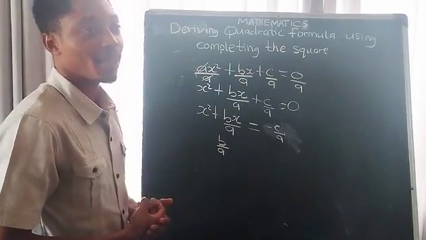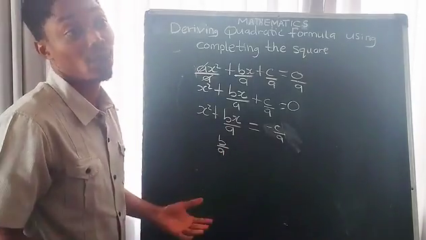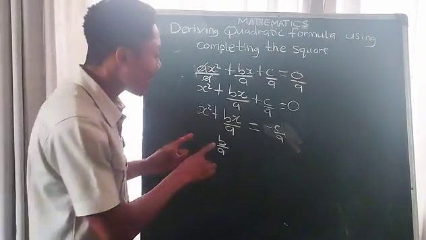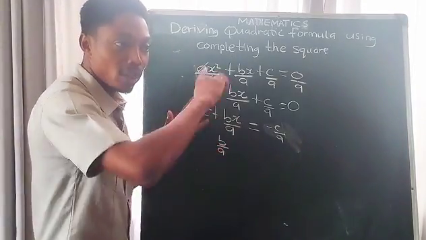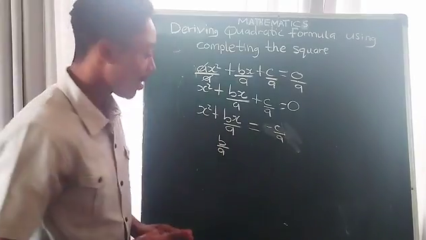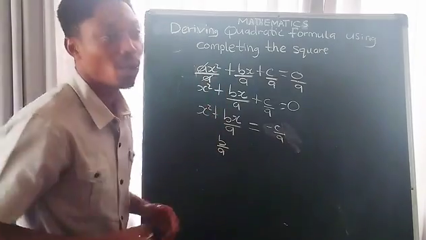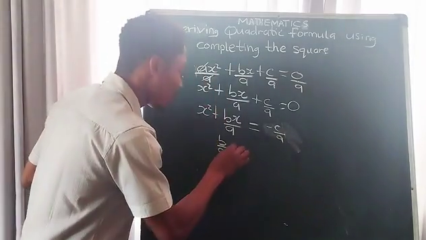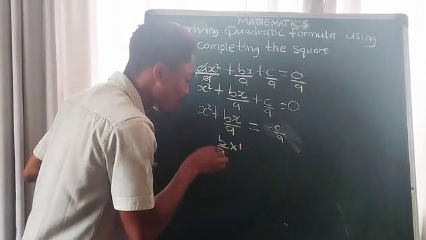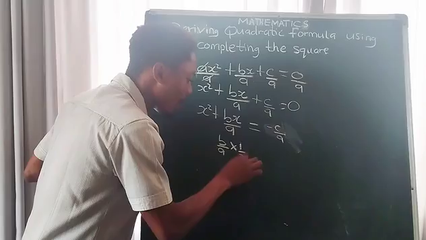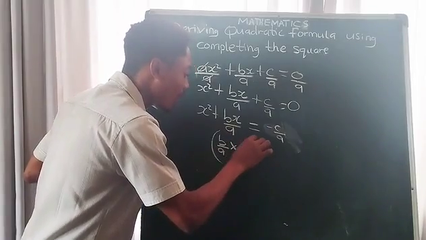Or we will divide the coefficient of x by 2. Dividing the coefficient of x by 2 and then squaring the result is the same thing as multiplying the coefficient of x by 1 over 2 and then squaring the result. So we multiply b over a by half, and then we square the result.